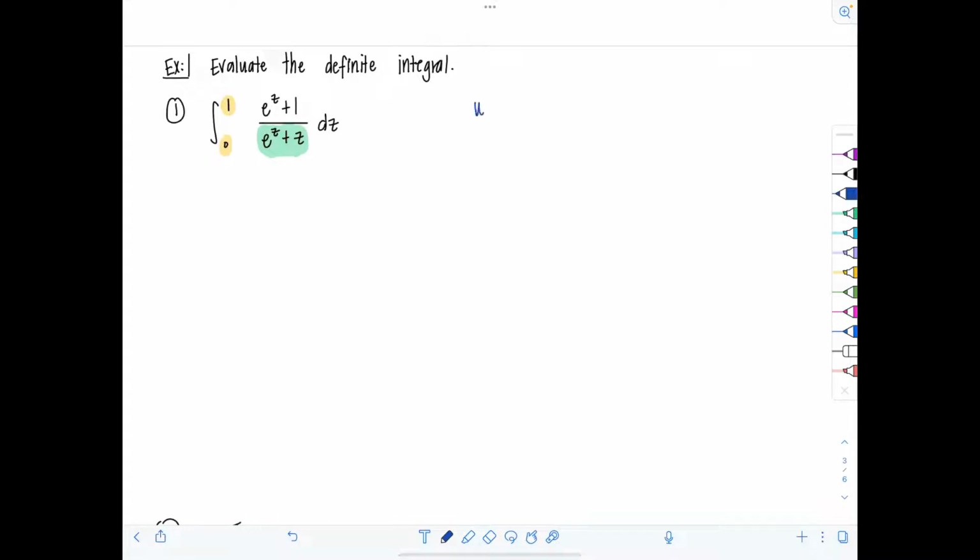So if u is equal to e to the z plus z, then when I find du, derivative of e to the z, that's e to the z, plus derivative of z is just 1, and then I have a dz. And that's exactly what I see right here. Okay, make sure you put parentheses around that e to the z plus 1.